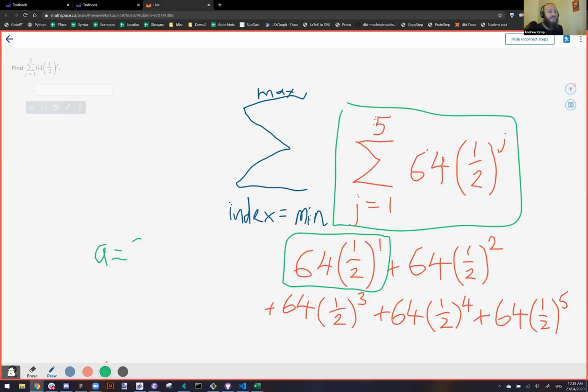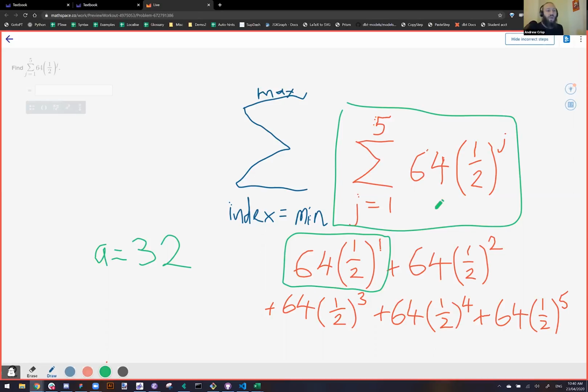So A is actually 32. Sometimes you will see sigma notation where the bottom number is 0. If this bottom number was 0, then the first term would be 64 times a half to the power 0, and 64 would be the first term. But whatever you get from the minimum index is going to be our first term.